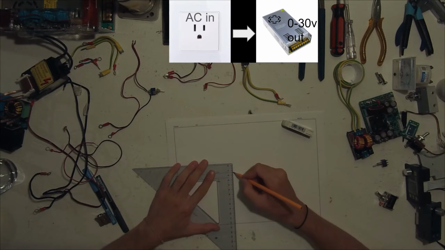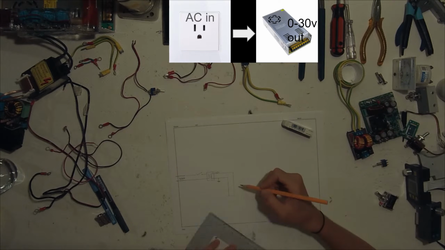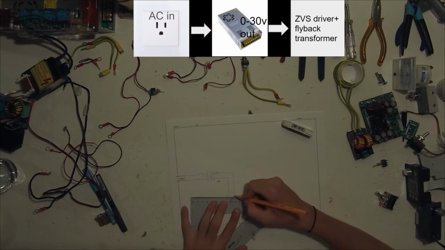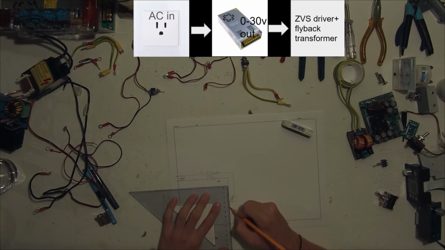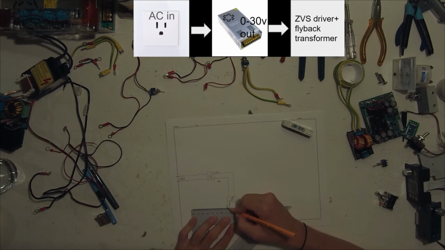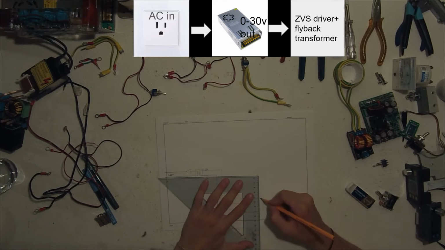And this voltage is then fed to all the different parts that supply the different components. The component that I'm drawing right now is the main ZVS driver with its controller. These two together are the components responsible for controlling the power that is fed to the flyback transformer.